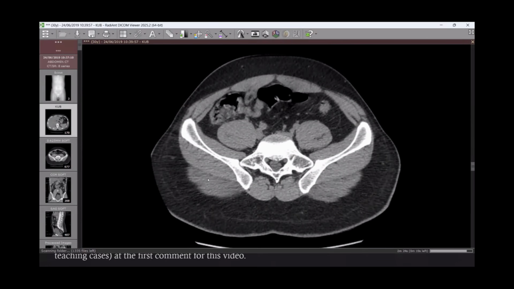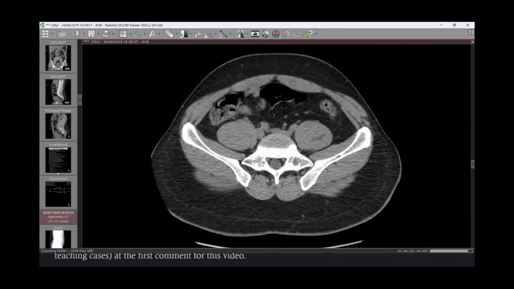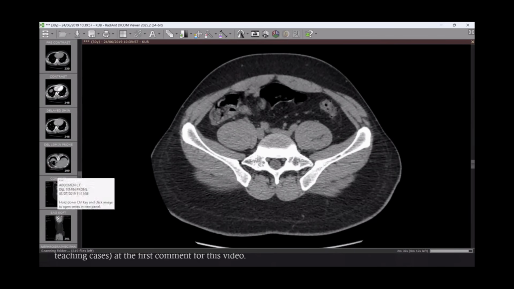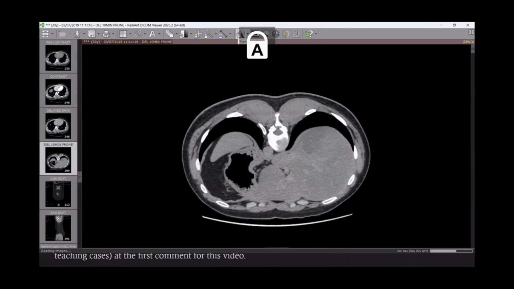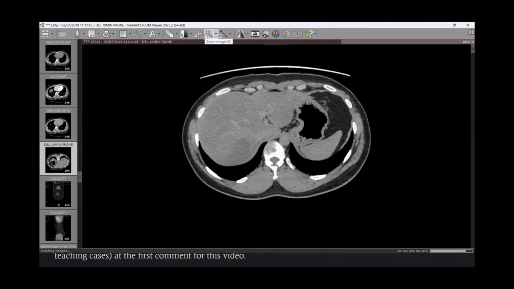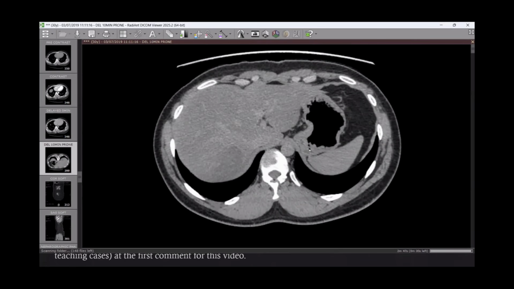What's your next step? My next step, I will check the post-contrast study and the coronal images as well to confirm the findings. We did post-contrast CT urography for this case. Can you please scroll?